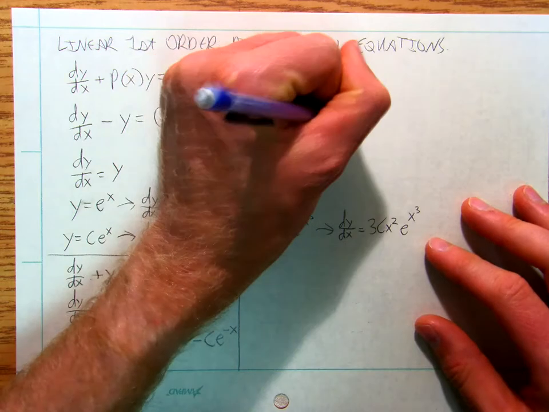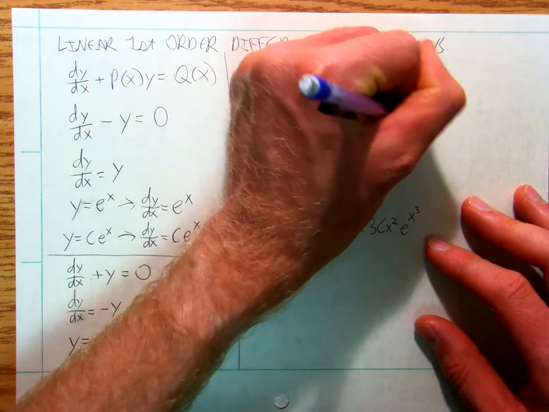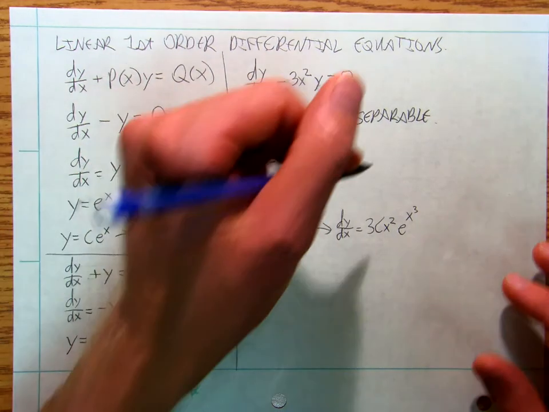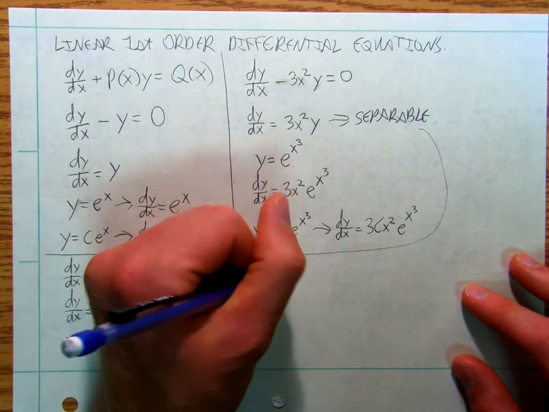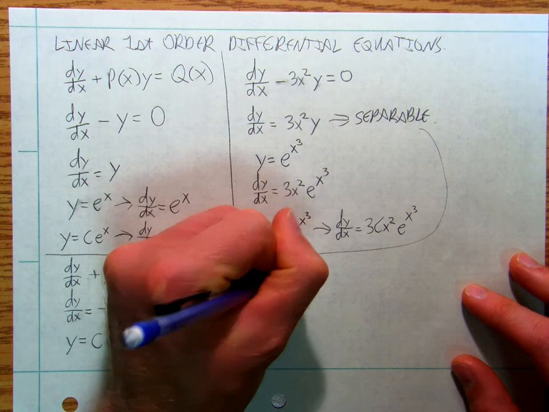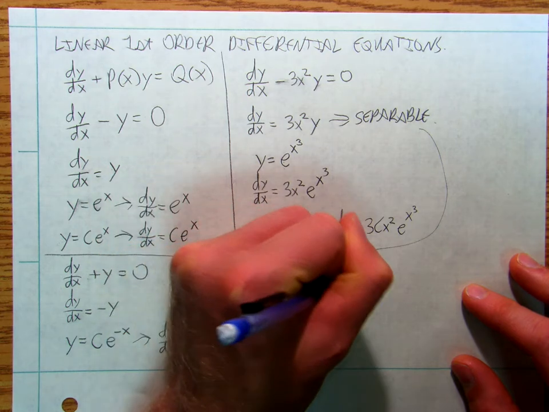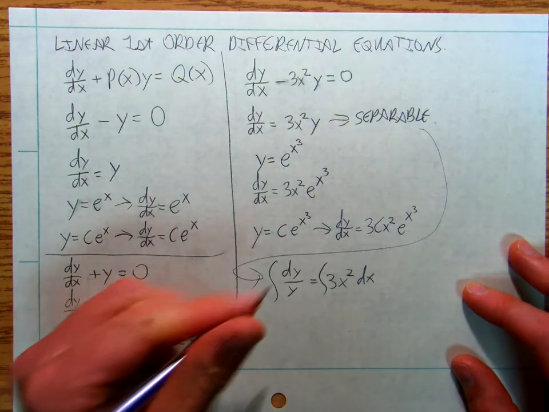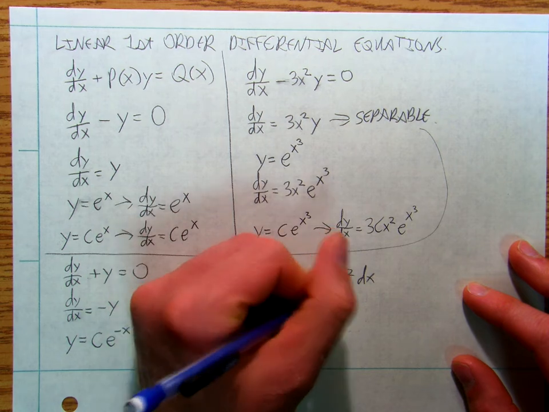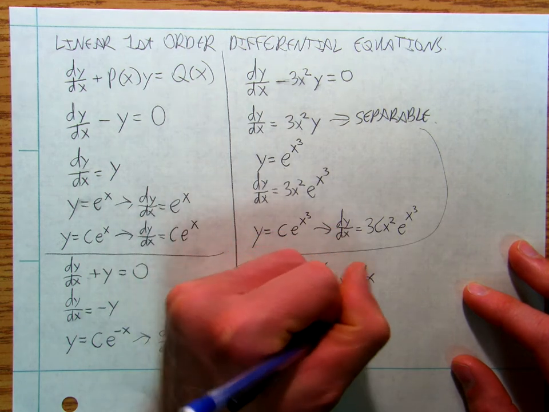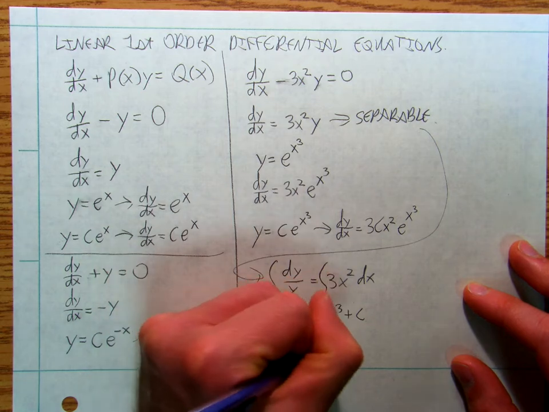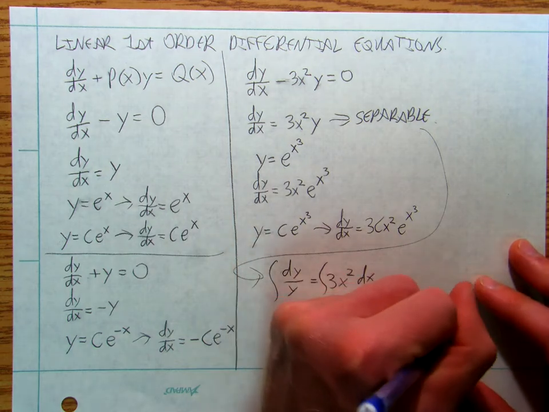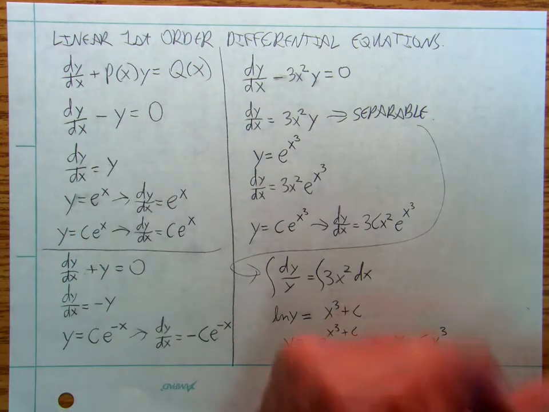So that's actually separable. And so I could write that as dy over y is equal to 3x squared dx. I take the integral of both sides. I get ln y equals x cubed plus c, and I get y equals e to the x cubed plus c, and that's y equals c e to the x cubed. E to the x cubed, sorry.